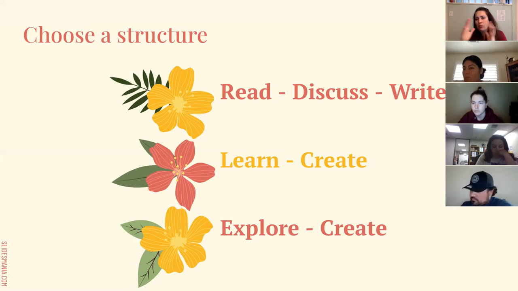But there should be multiple steps, so not just six random things. So kind of think, what am I going to do? Which structure am I going to use? So you pick one or your own variation. I don't want to stop you from doing you.